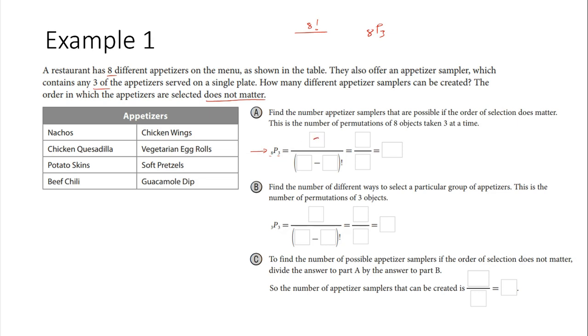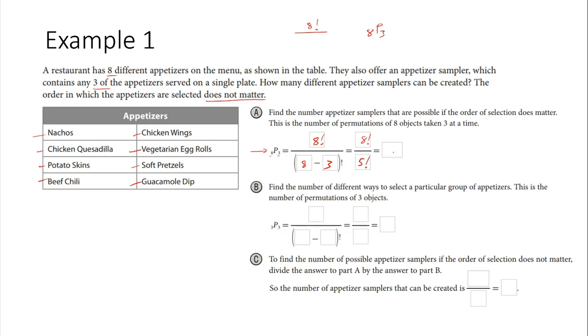Hopefully you thought this: 8 factorial, because we have 8 appetizers, and then the number of choices minus the 3 that you are selecting. And you should get 8 factorial over 5 factorial.